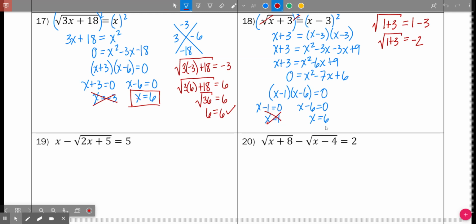So 1 will not work. When I test 6, I have the square root of 6 plus 3 has to be equal to 6 minus 3. So the square root of 9 has to be equal to 3, and 3 is equal to 3. So x equals 6 is my only possible solution.